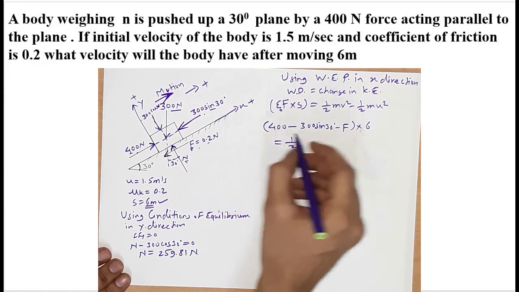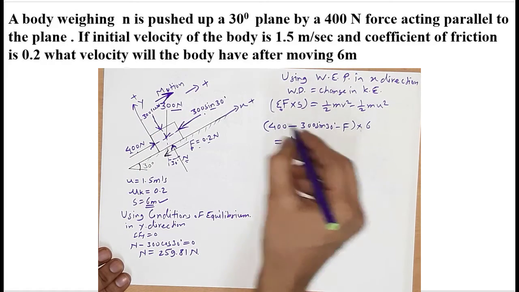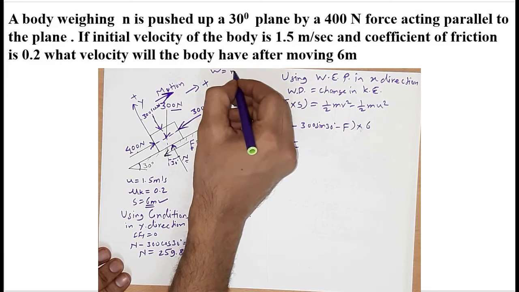The mass of the body: weight is given as 300 Newton, so mass is W by g, since W equals M into g.